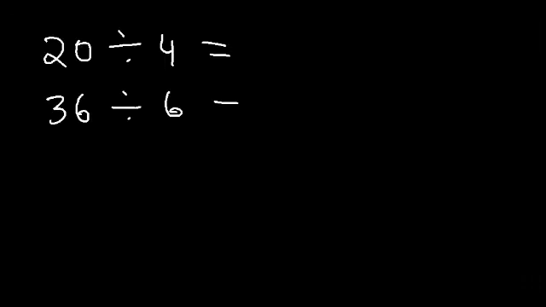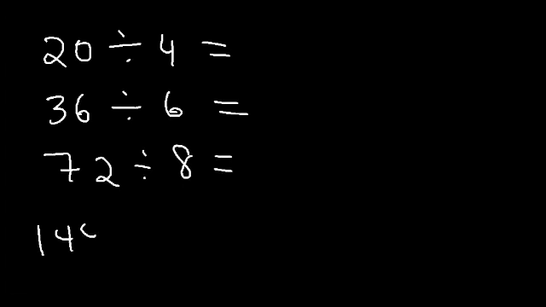So now it's your turn. Feel free to try the following problems. 20 divided by 4, 36 divided by 6, 72 divided by 8, and 144 divided by 12. Go ahead, take a minute and see if you can find the answers to those questions.